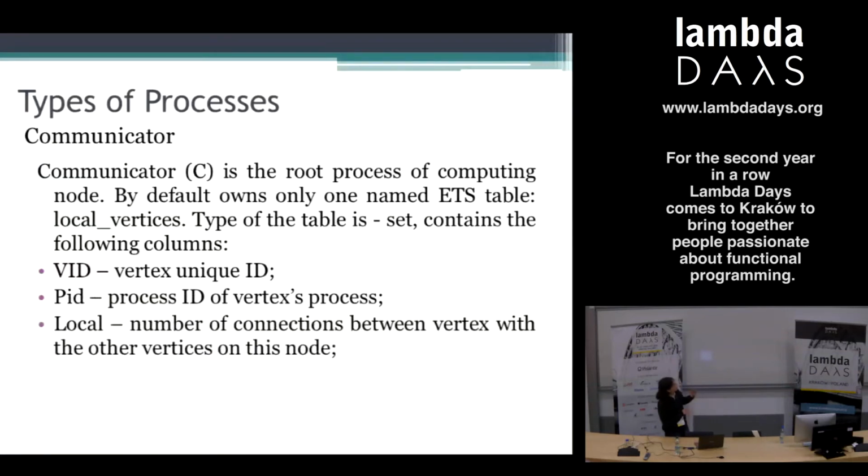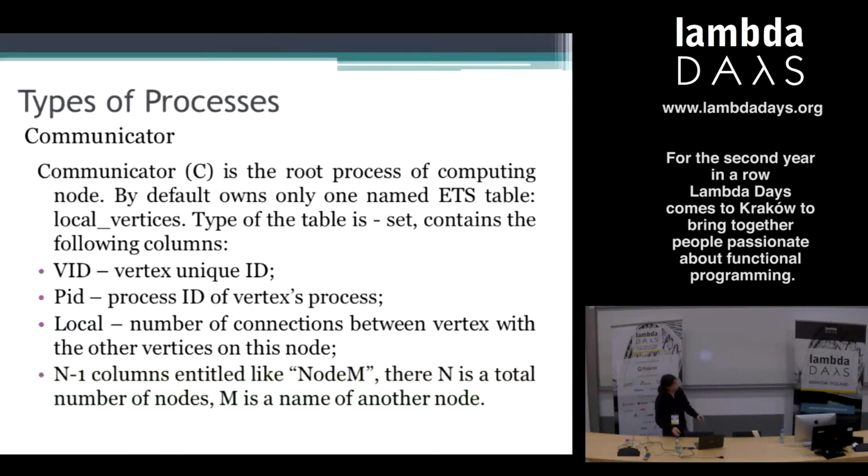Local, that's a very interesting column, because for load balancing we have to count how many connections we have on this node, and how many connections we have with other nodes, because it's a default condition for load balancing. If a vertex has many more connections with another node, sure, it has to migrate.